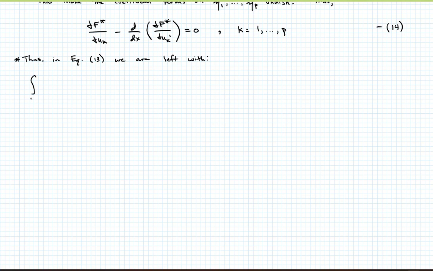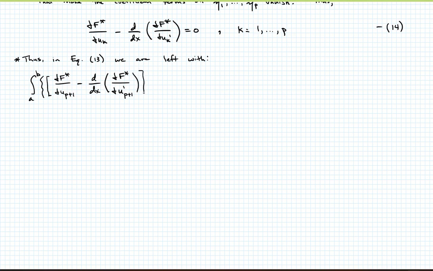So now this becomes the integral from a to b. Here's my brace. There's the first term here: the partial of f star with respect to u, the p plus 1 term, minus d by dx of the partial of f star with respect to u prime, the p plus 1 term of u.